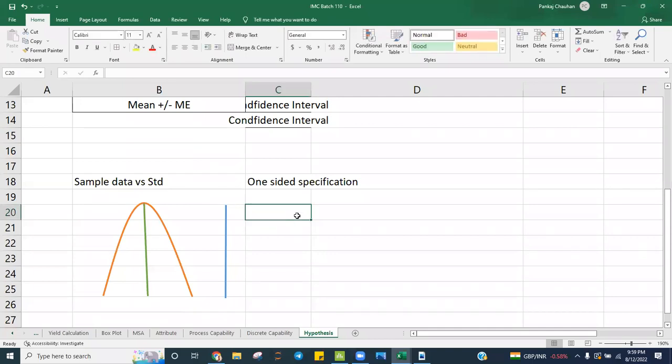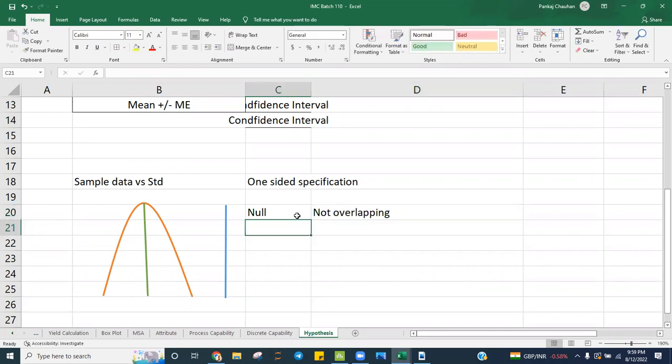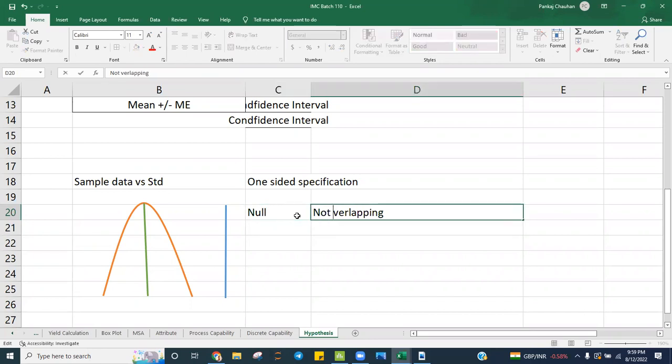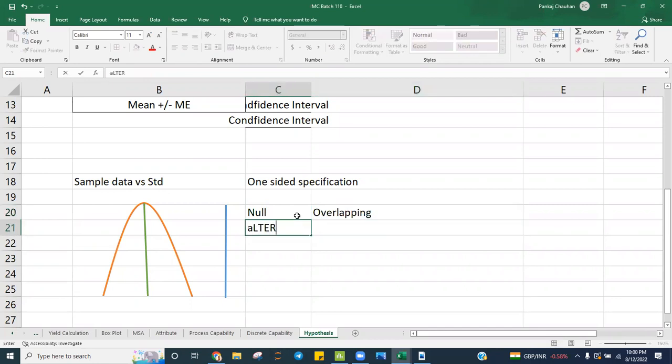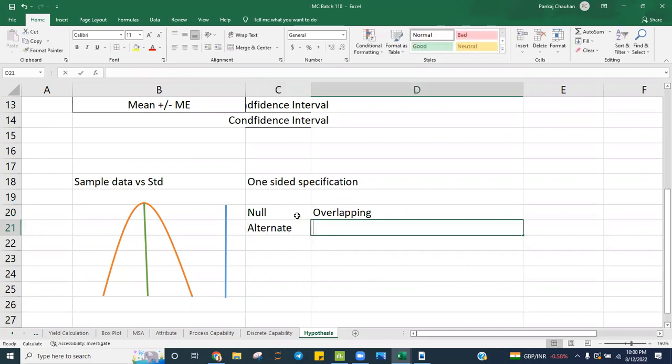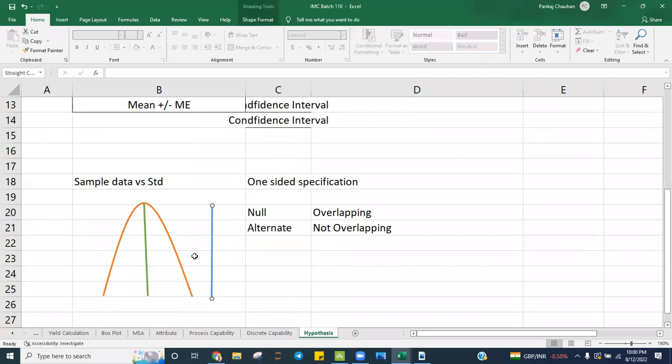Now, your null hypothesis means overlapping. Sorry, there is no difference, overlapping. Alternate means there is a difference, when it's not overlapping. So looking at this target value, higher is better, here is your observation.